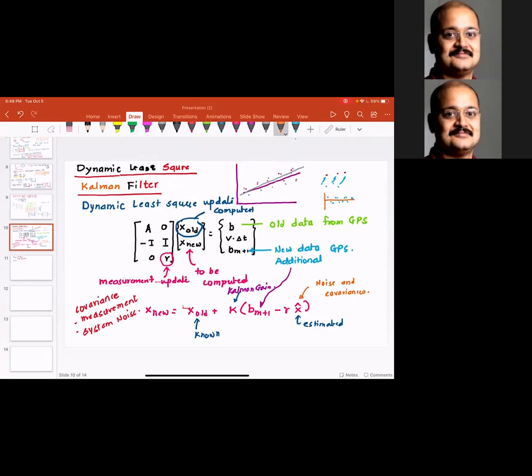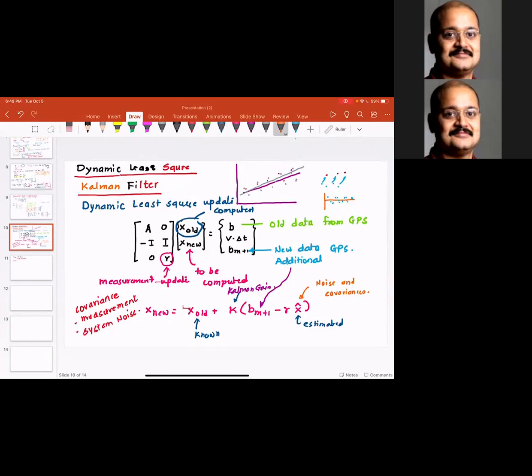Sometimes you have noticed that if you are using Google Maps and walking from point A to point B, your position gets updated. So what is happening? Your phone has a 3-axis accelerometer and a 3-axis gyroscope.